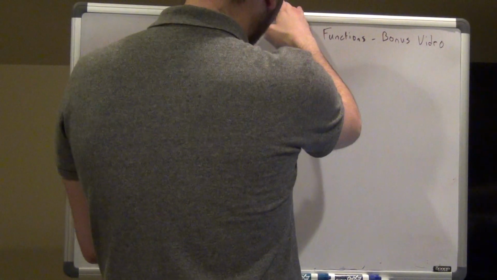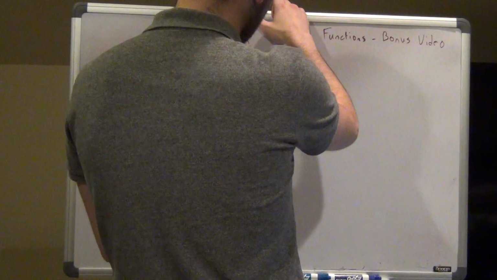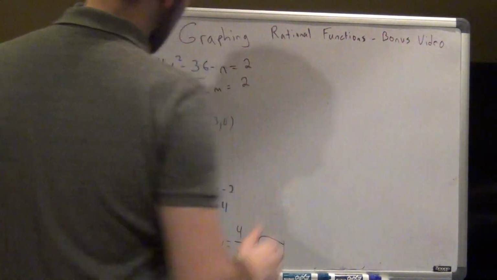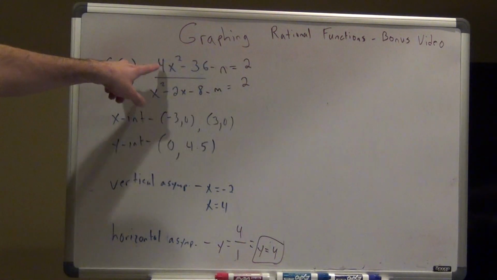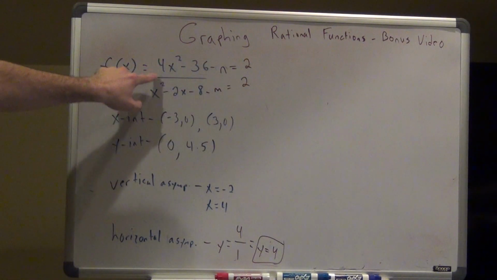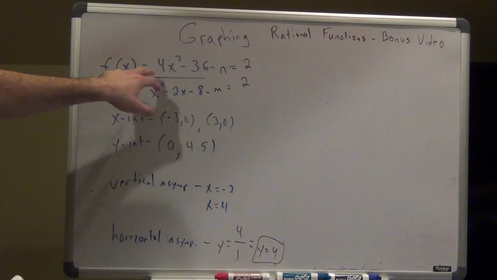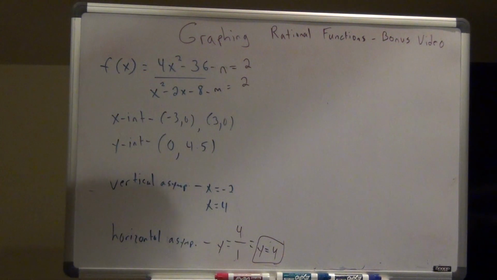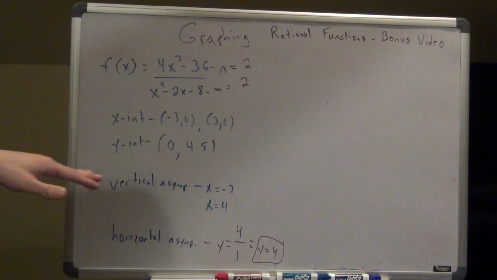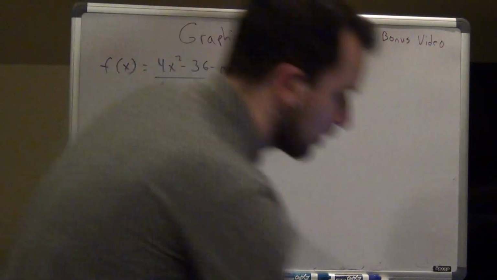So it's going to be the line y equals 4 over 1, which is y equals 4, of course. So again, if they're equal, you take the number in front of the highest power of x and you just divide them. That's only if they're equal. So I have a horizontal asymptote at y equals 4.